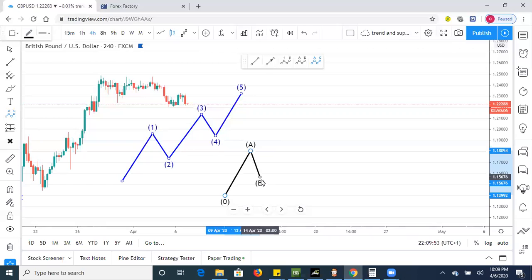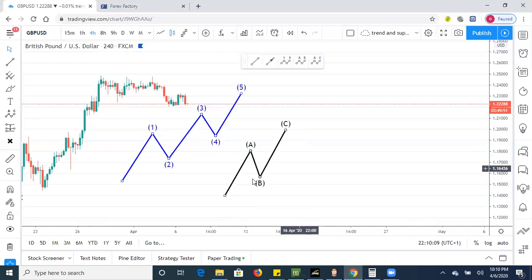So when you notice 0 to A, that is not enough to say that price is in a bullish move. We usually want to wait for B to C to form. Then we can safely say that price is giving us a bullish trend.